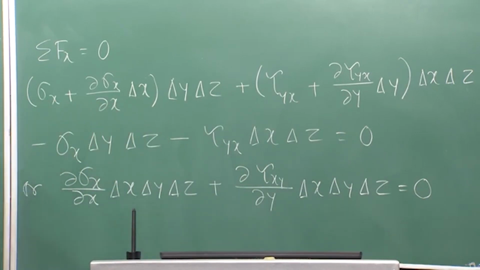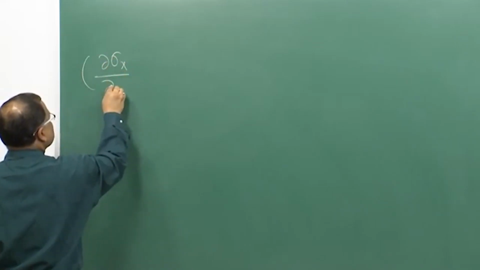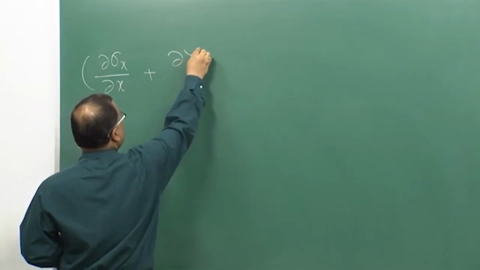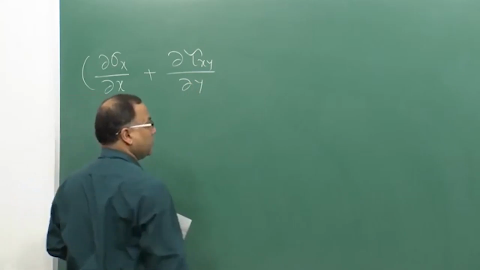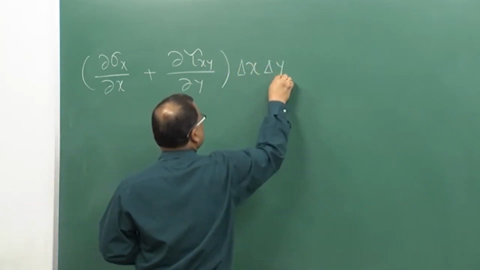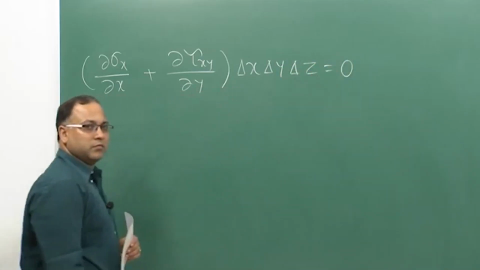So, we can further write del sigma x del x plus del tau xy del y into delta x delta y delta z equal to 0.